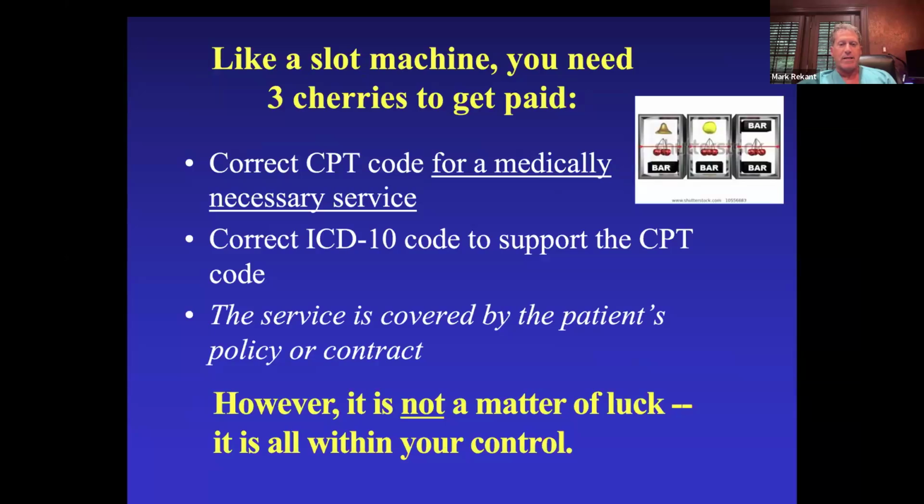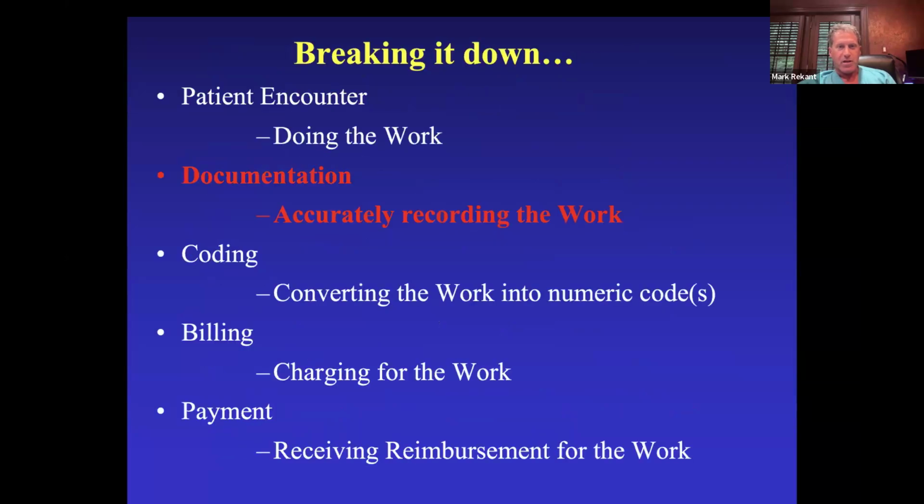So we have to match up the correct CPT for the correct ICD-10. And then, of course, we have to make sure the service is covered by the patient's insurance. And like a slot machine, you need these 3 cherries all to be in a row to get paid. Unlike the casino, it's not a matter of luck. This is all within our control. So documentation, accurately recording the work.